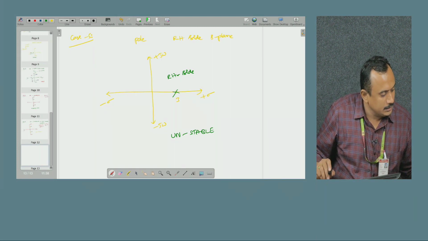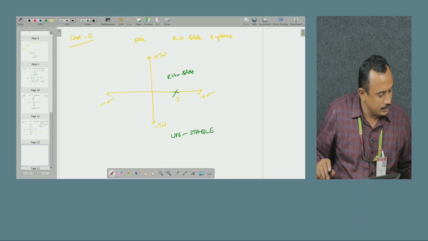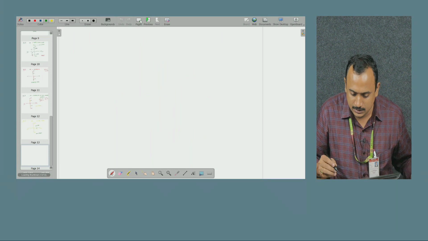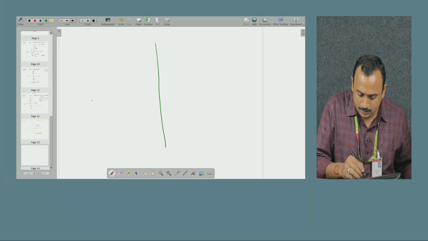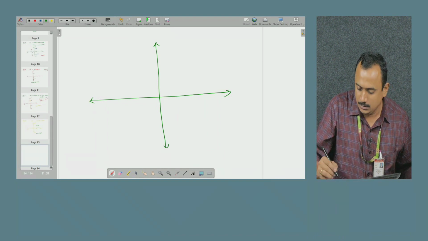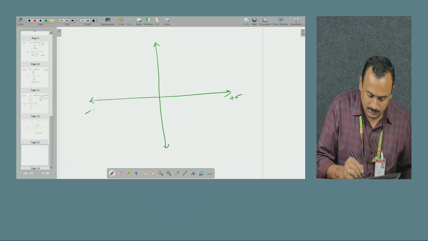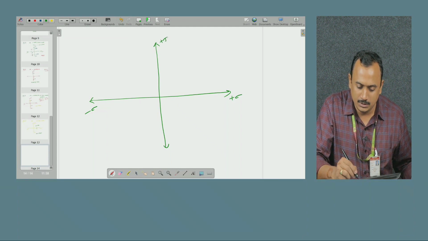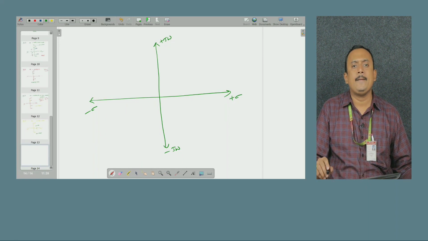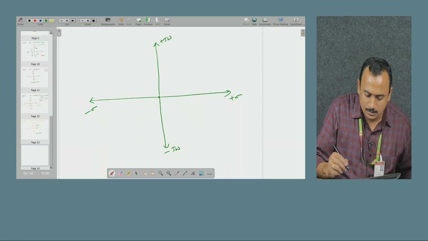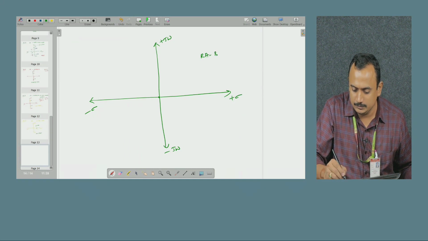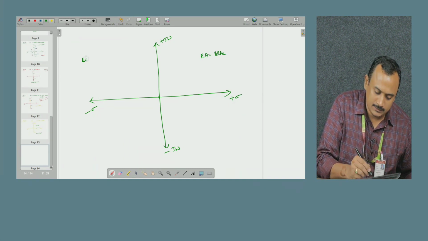Next, the overall representation. If I see for a given S plane, this is a positive sigma and this is negative sigma, positive imaginary axis and this is a negative imaginary axis. This side is the RH side and this is the left hand side.